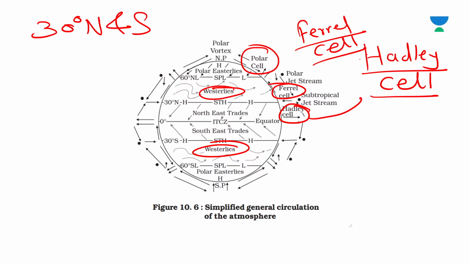Now, these three sails set the pattern for the general circulation of the atmosphere and the transfer of heat energy from lower latitudes to higher latitudes, which maintains the general circulation.